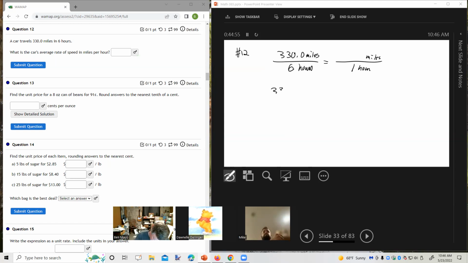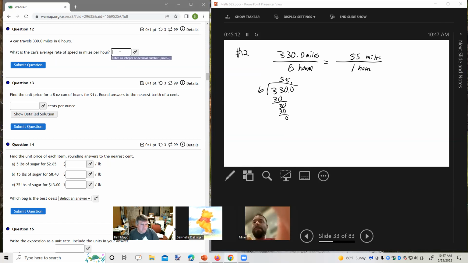Well, if I take 330.0 divided by 6, that goes in 5 times. So 55 miles per hour. So we just put in 55 because they're giving us the units right there. Okay.